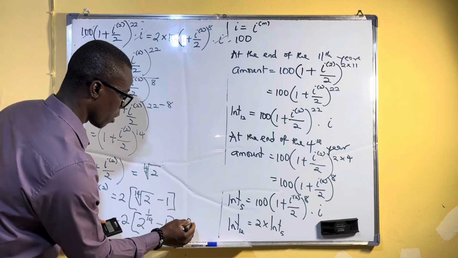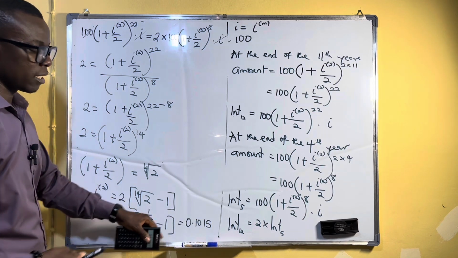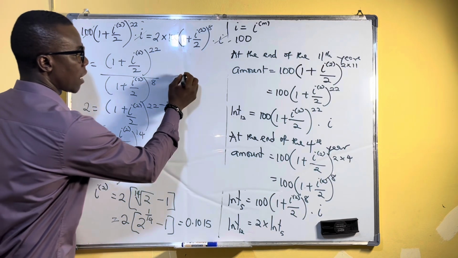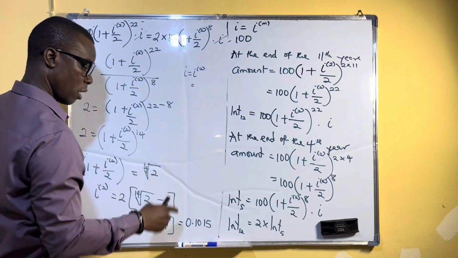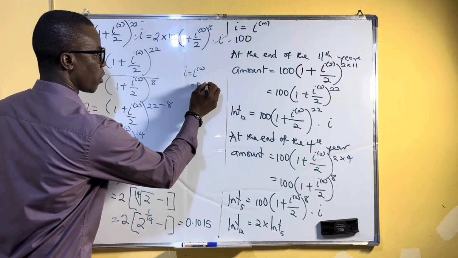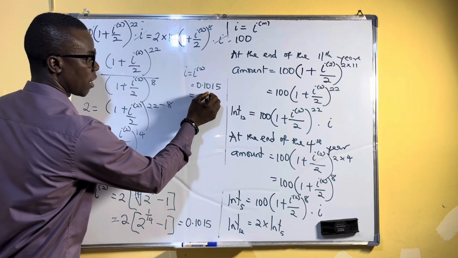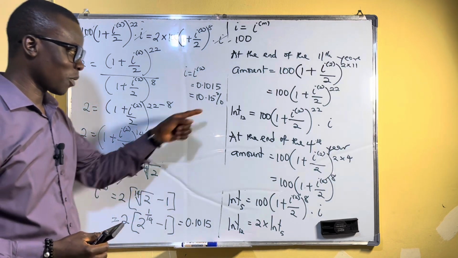Having done that, I'm going to have 0.1015. So going back to the question, the i in the question, which we called i^(2), is 0.1015. This can also be written as 10.15%. So that's it. This is the answer.